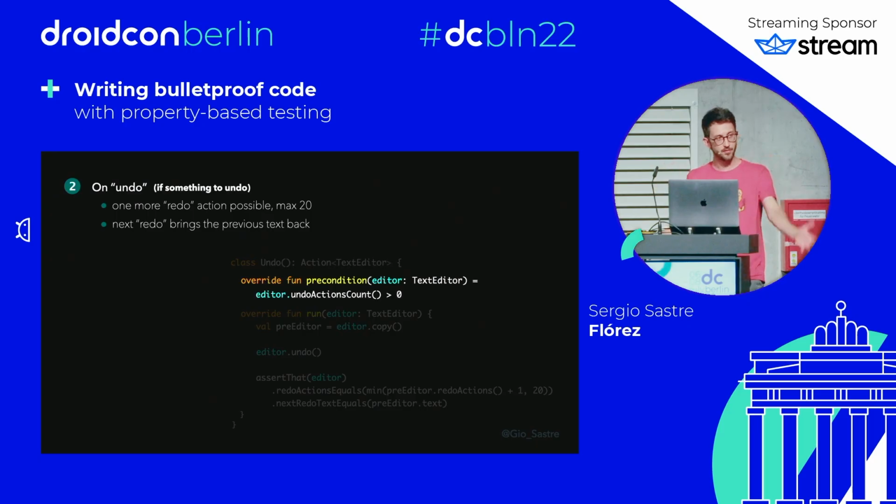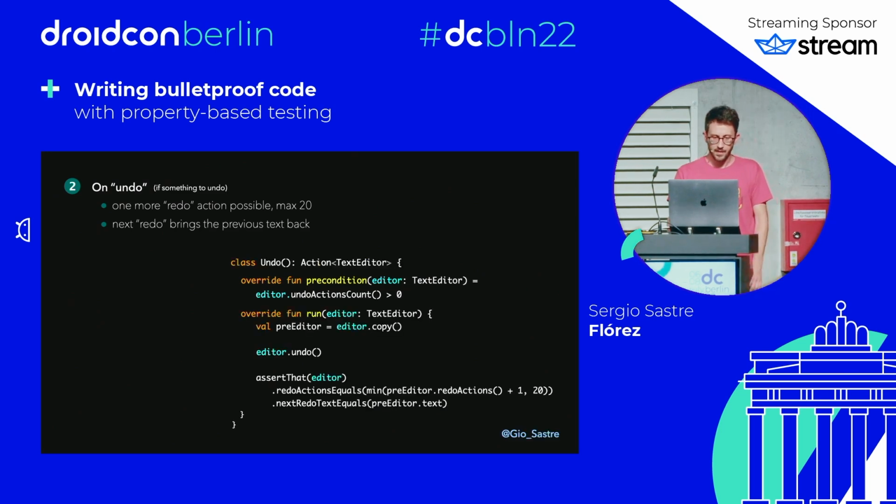So if there is nothing to undo, do not generate an undo action, because the undo button is disabled. Apart from that, everything is similar to the text change action and follows the same pattern. And the redo looks very similar to undo, so I'm not going to bore you more. So let's go to the next point.